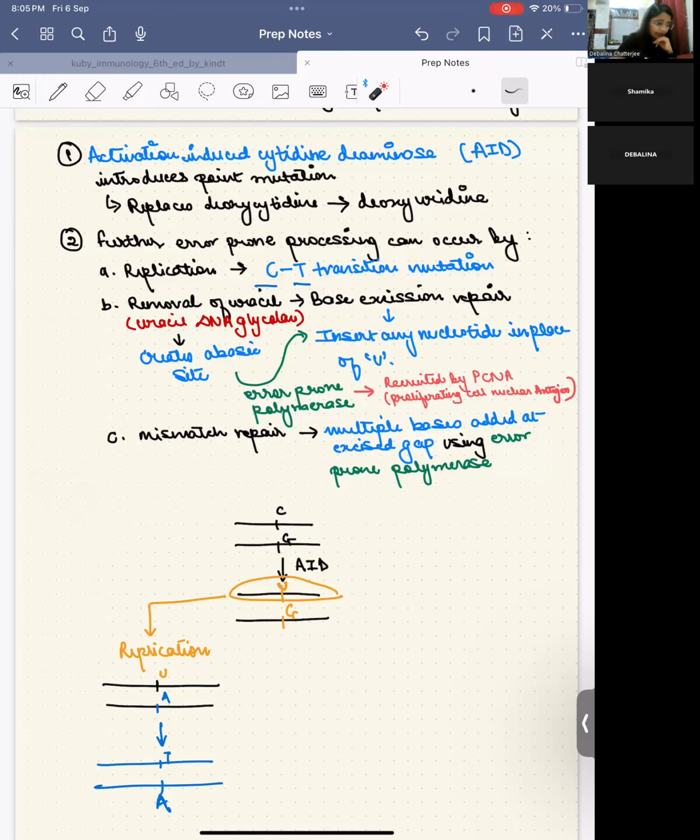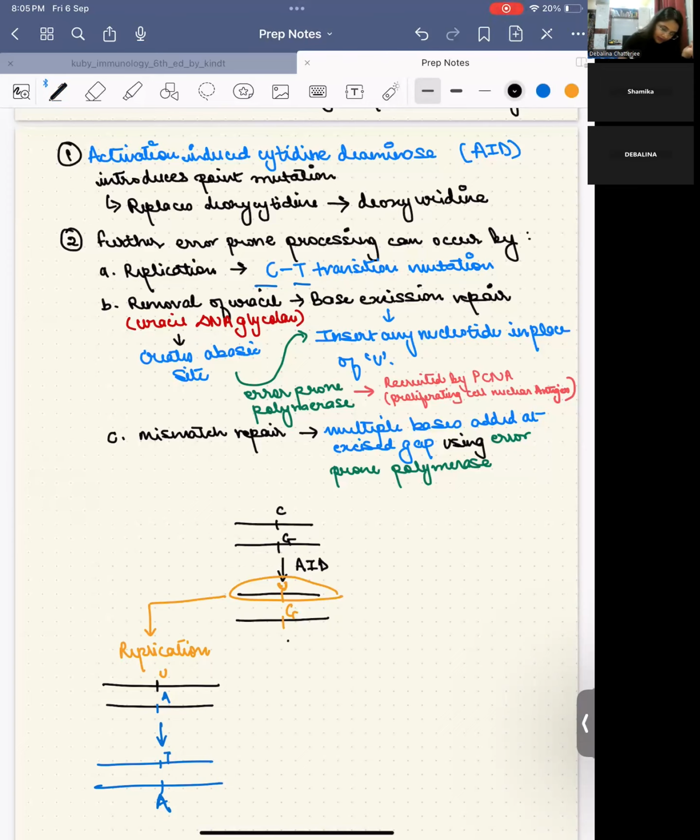The other possibility is that, so these are all mechanisms that mediate this somatic hypermutation. Another possibility is that there is another enzyme called uracil DNA glycosylase. The function of this enzyme is to remove uracil.